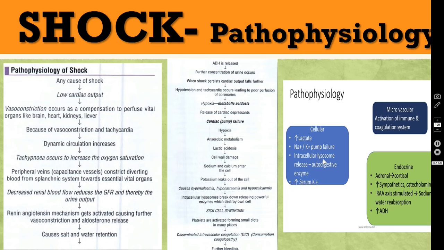Serum potassium increases, because potassium will leak out of the cell. So there will be hyperkalemia, hypocalcemia, and hyponatremia.